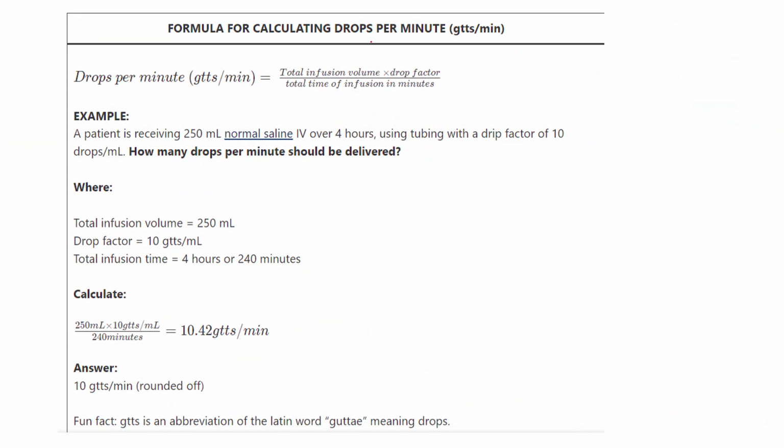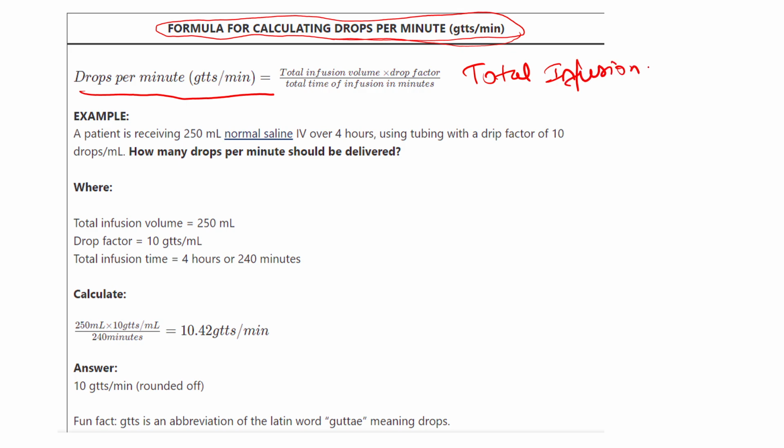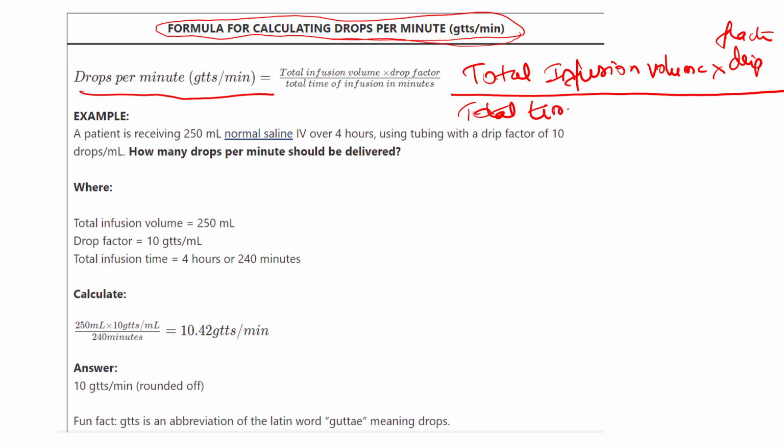Now we will learn about drops per minute and how we are going to calculate it. The formula is: drops per minute equals total infusion volume into drip factor, divided by total time of infusion in minutes.